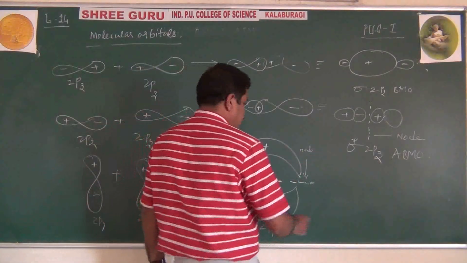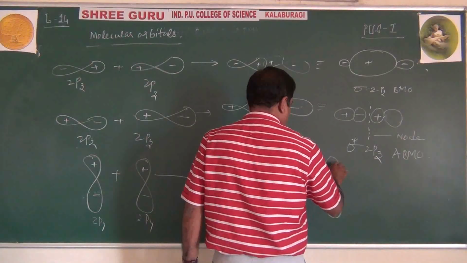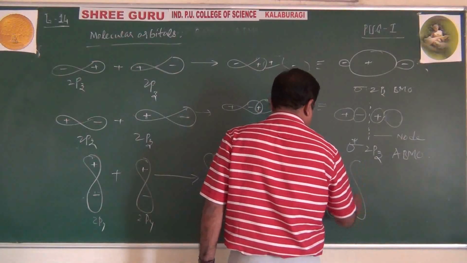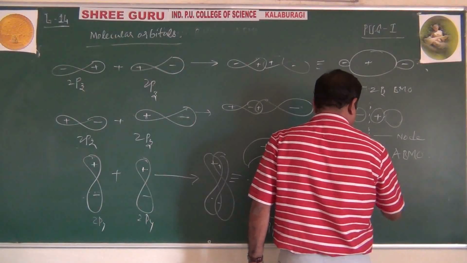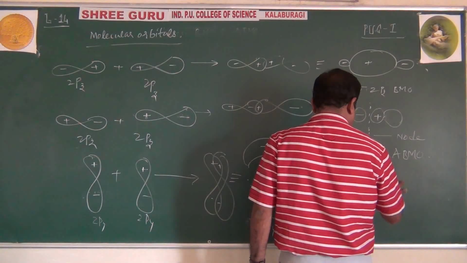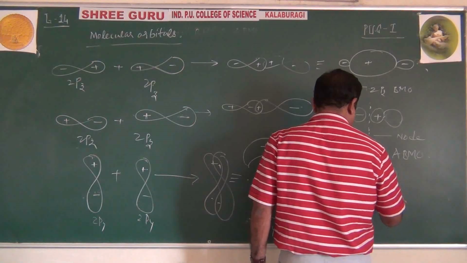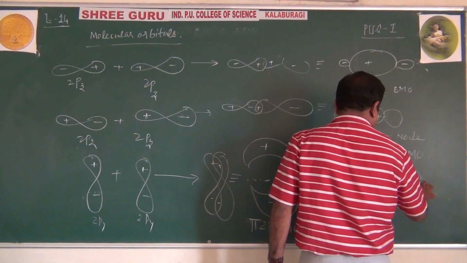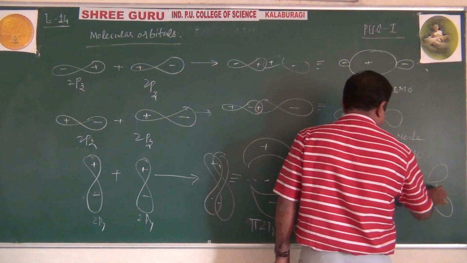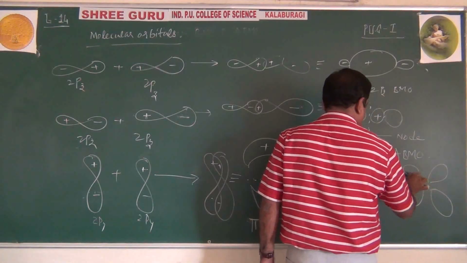Okay, then for antibonding, plus minus, plus opposite. You will overlap like this, right? Plus minus plus, and this will give rise to a new shape. 1, 2, 3, 4. They will all split.